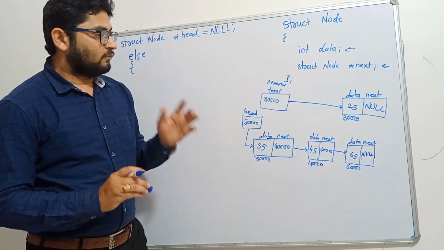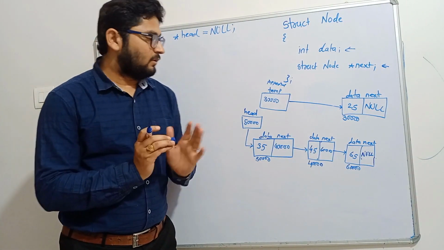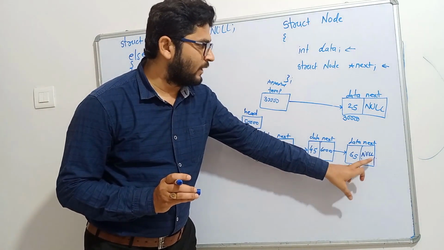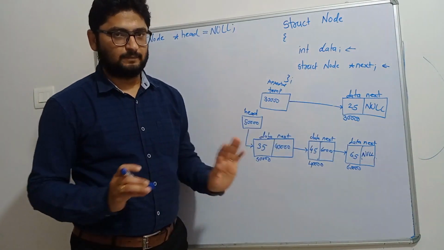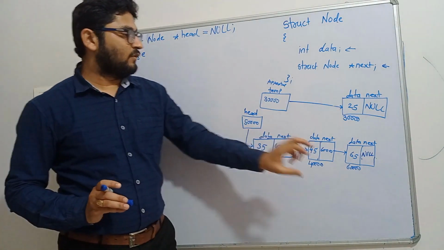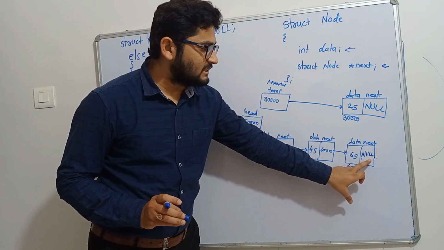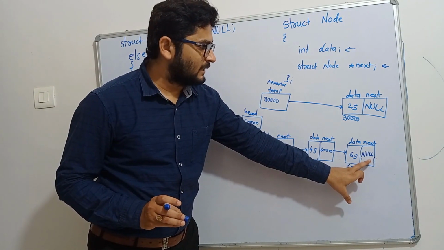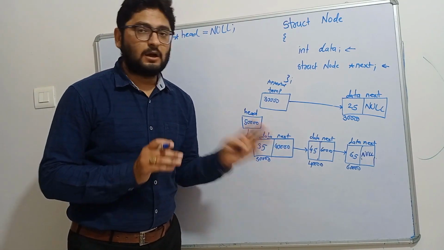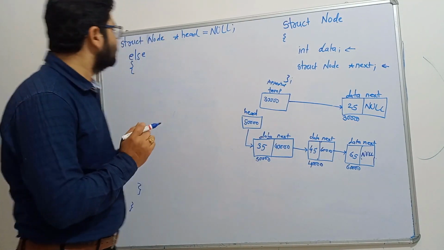So we just need to change the next of this node so that it points to this node. That's it. So this is our task. Let us now see how to do that in C language.